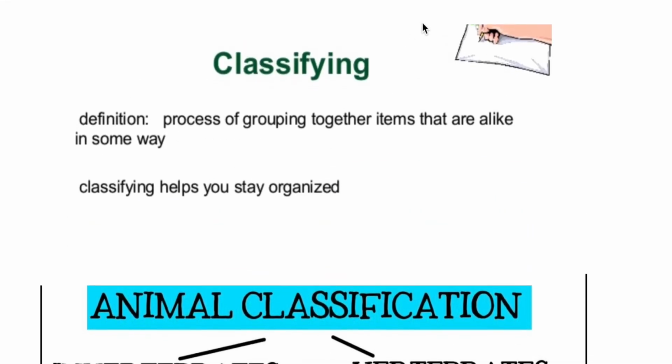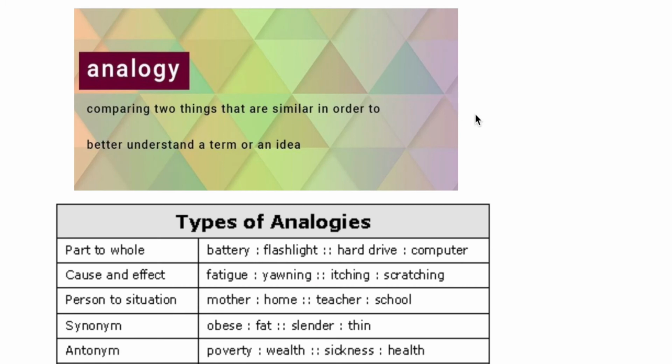Okay, another that we can use to differentiate and to see the similarities would have to be analogy. Okay, so analogy is actually comparing two things that are similar in order to better understand a term or an idea. We have probably taken a test in the past wherein we have to find the analogy. For example, a boy is to blue and a girl is to blank, and then most of the time we answer pink.